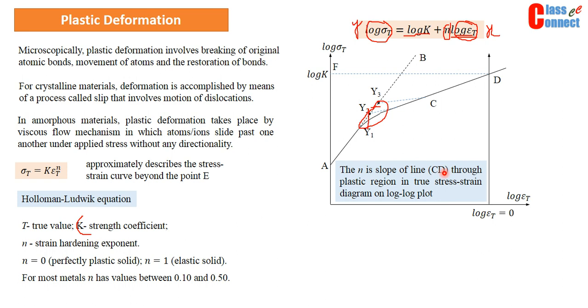So n is the slope of line CD. So the slope of this line will be n, that is the strain hardening exponent through the plastic region.